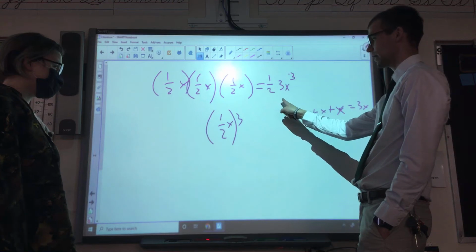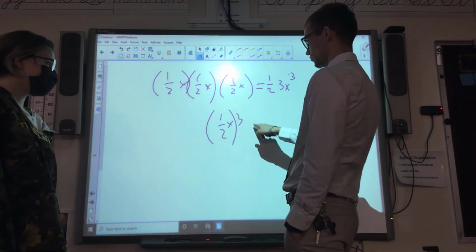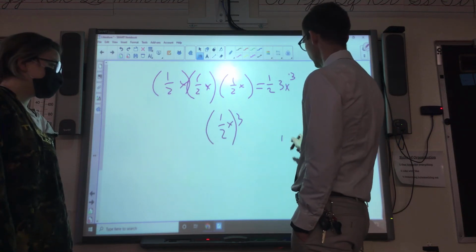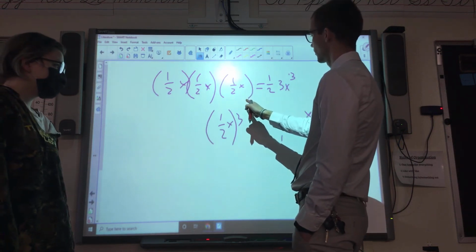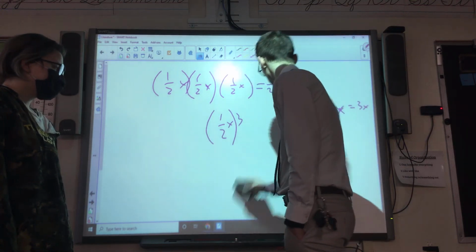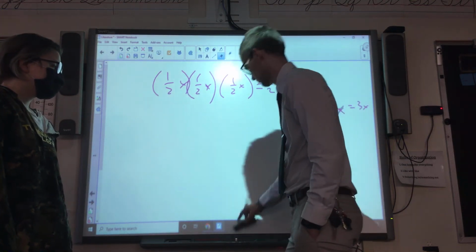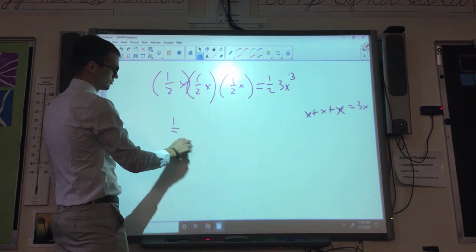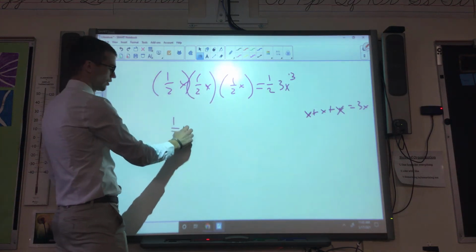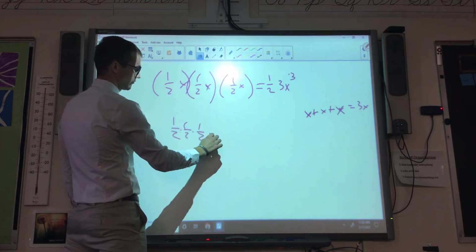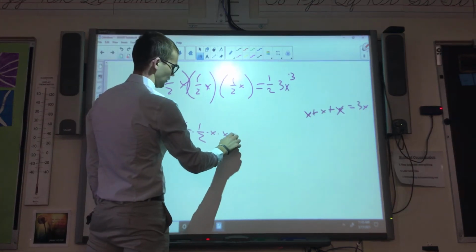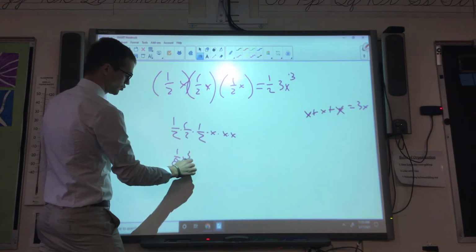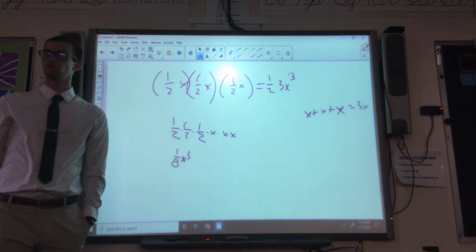Actually, when you do 1/2 x and cube it, you get 1/2 times 1/2 times 1/2 times x times x times x. So you'll get 1/8 x cubed if you do everything out.